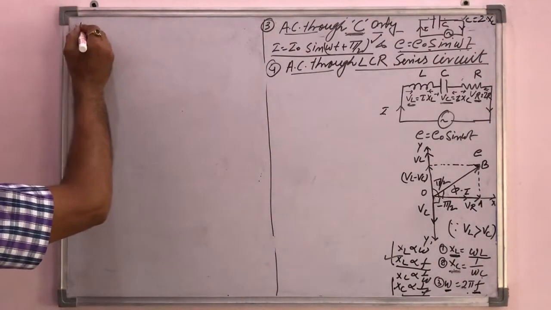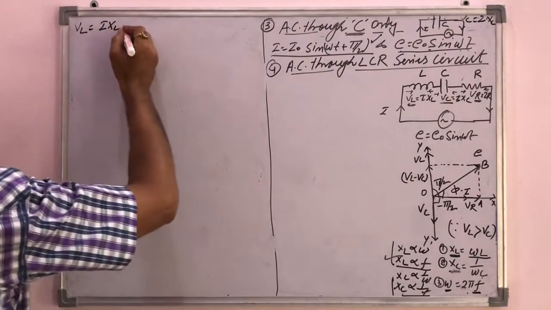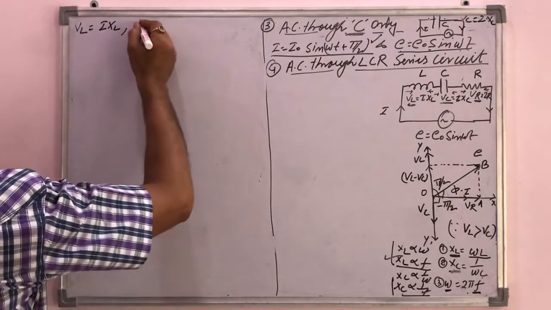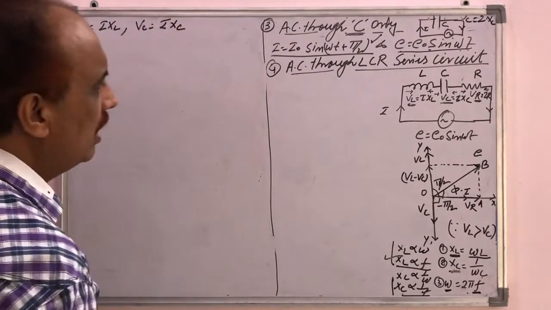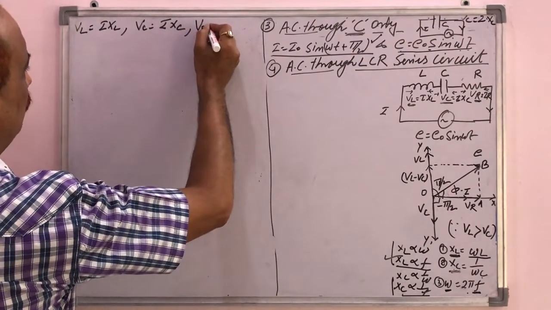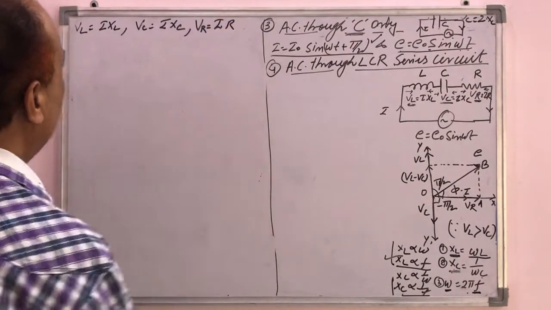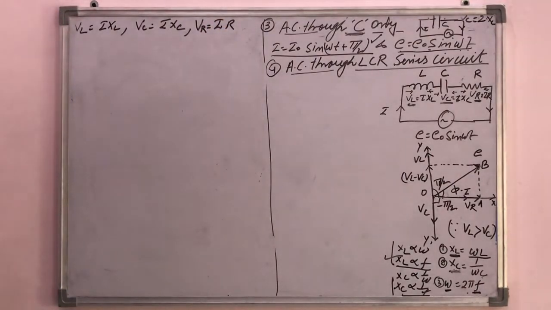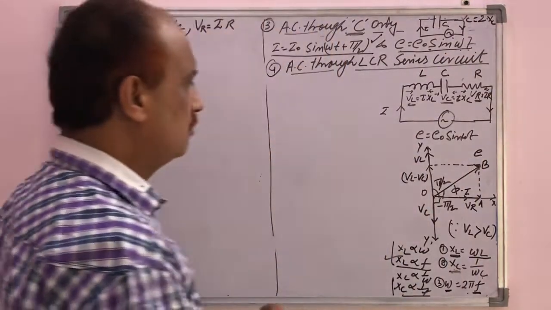VL will be equal to I into XL, VC will be equal to I into XC, and VR will be equal to I into R. So these are the potentials produced across each device connected in the series combination.